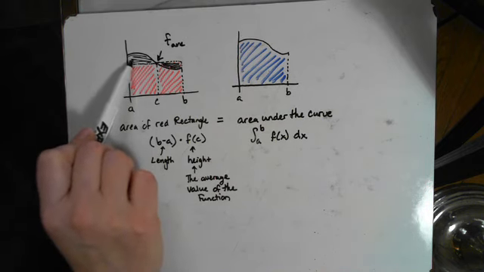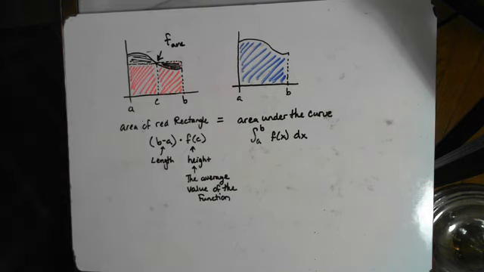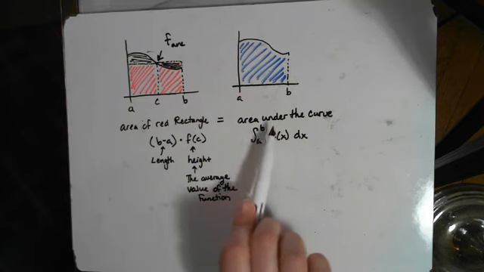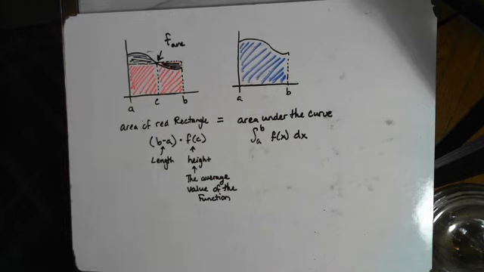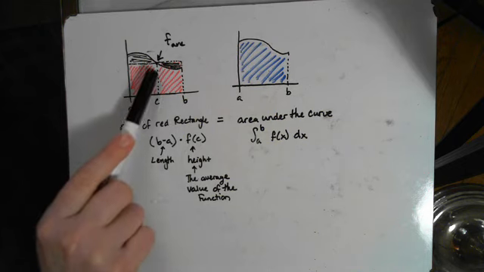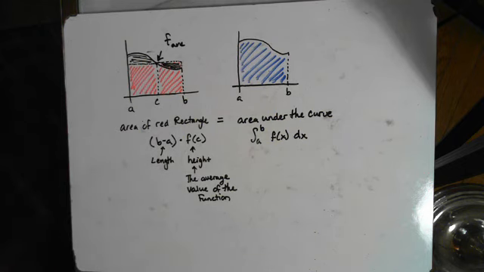I've basically taken this area and flipped it over. The area of my red rectangle is going to equal the area under the curve. That's what the mean value theorem for integrals is saying. It's helping you find that value c, that if I was to put it in, I would get that area.